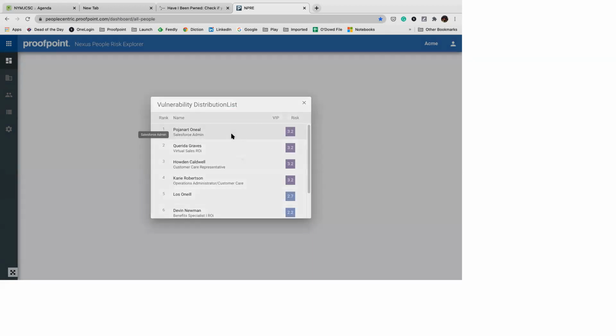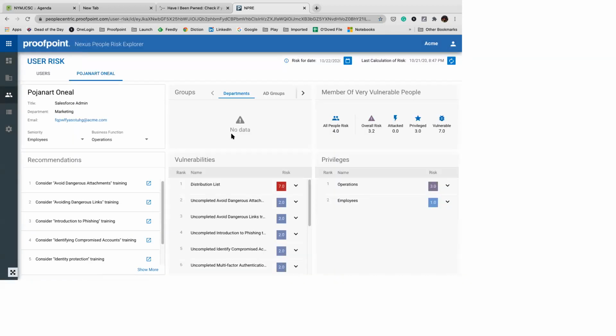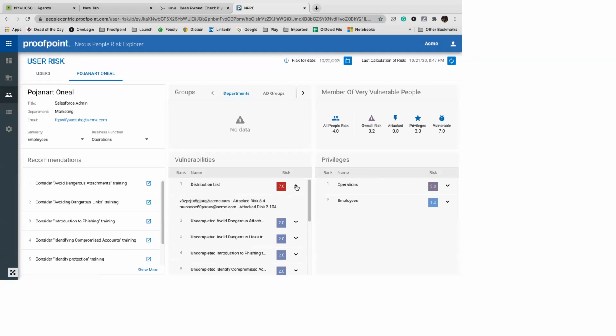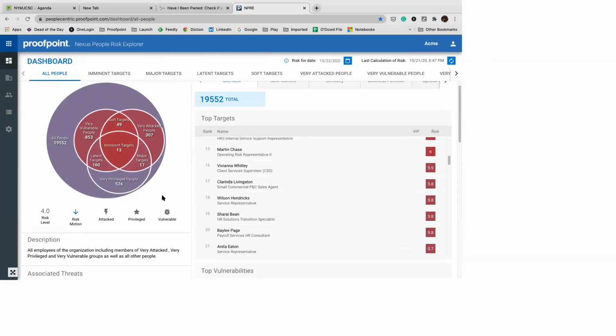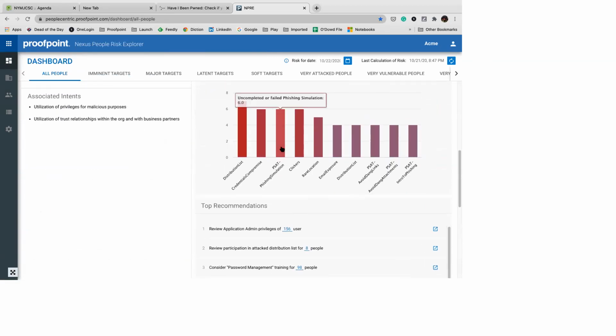So if we look at this one, we can see that the distribution has a high attack rating, and that's why they are associated with that vulnerability. Then we have a number of vulnerabilities that are tied to security awareness training. This one is phishing simulation, and these folks may have failed a recent campaign, or like Giovanni, skipped it entirely.